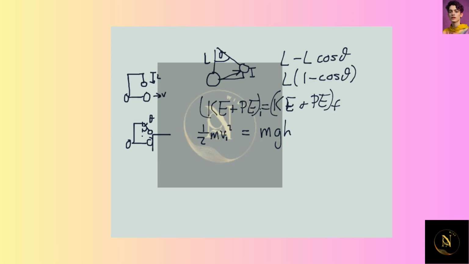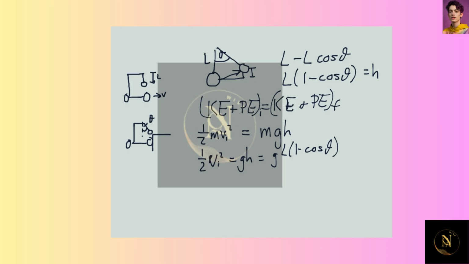As usual, these masses are the same and therefore vanish. So we have 1/2 v initial squared equal to gh. We said that the height change is L(1 minus cosine theta), so let's substitute that in. So we end up with g L(1 minus cosine theta).